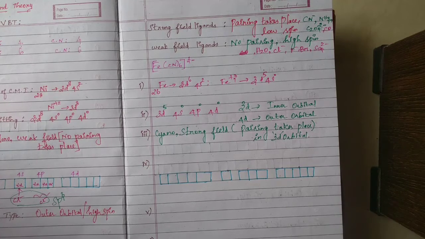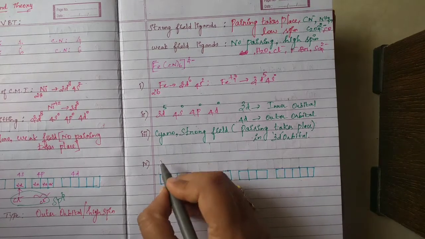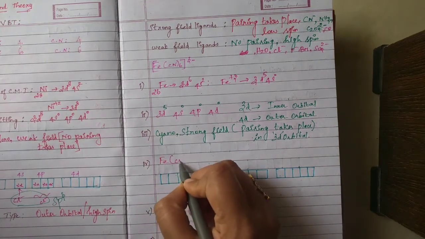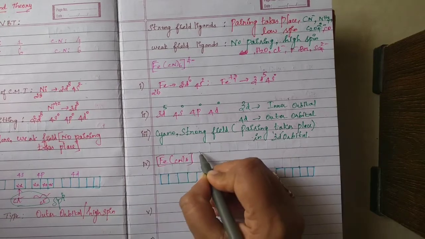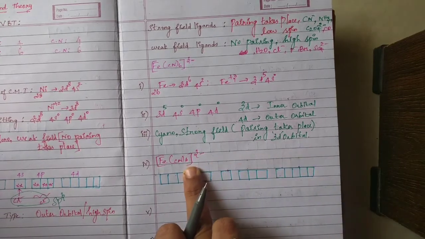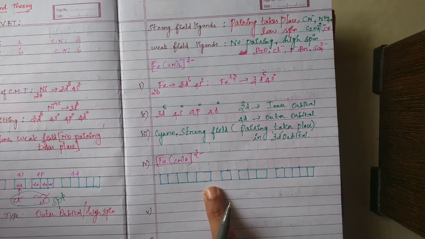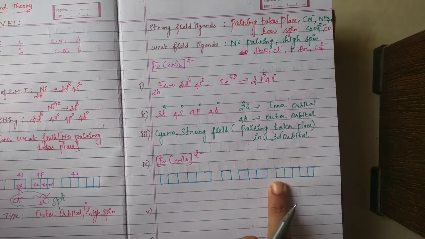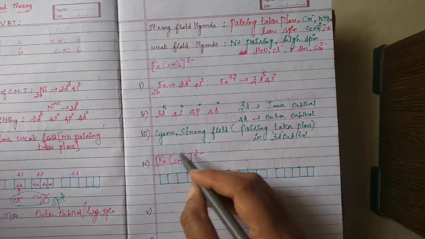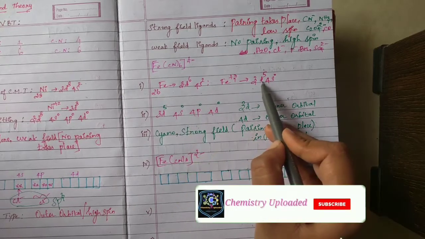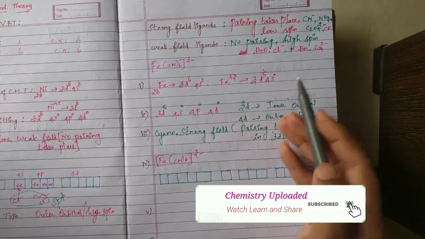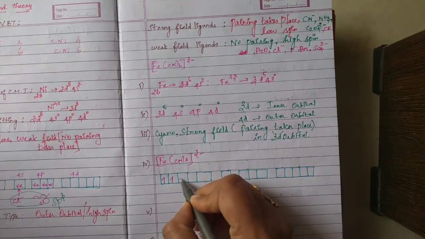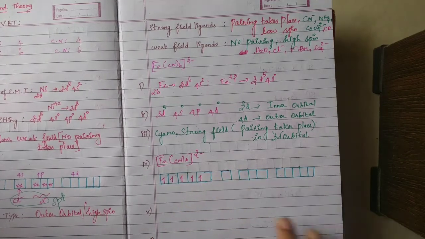Next, complex formation. Here, what is the complex, students? Fe(CN)6. That means 6 cyano ligands are going to form a bond in metal orbitals. So first you have to fill the electrons. See now 3d5. Fe3 plus means 3d5. So 1, 2, 3, 4, 5.